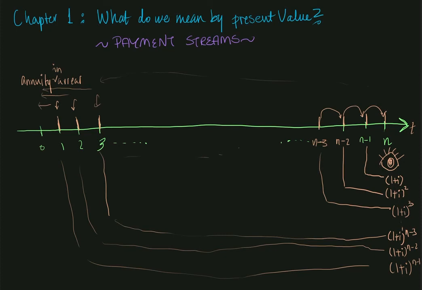Now, a tiny detail. What I kind of ignored here is whether this is a contribution or a benefit payment stream. I just kind of said, well, when we're standing here, then it's still a positive payment stream. If we're standing at time 0, it's still a positive payment stream.